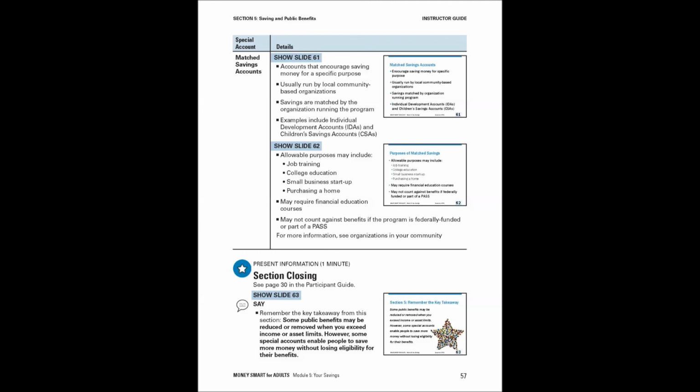That's the information that you're going to be sharing with them based on the outline there in the instructor guide and giving them the descriptions and the elements of each of those accounts. Remind participants of the key takeaway for this section. Some public benefits may be reduced or removed when you exceed income or asset limits. However, some special accounts enable people to save more money without losing eligibility for their benefits.